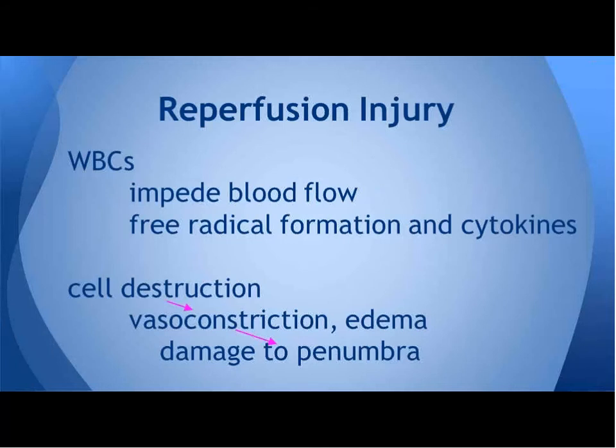We'll have patients who present 8-10 hours out from a stroke, and we may not be able to help those patients because if we do go in and suddenly remove these emboli or strokes, we may actually get a significant reperfusion injury, and in particular to the penumbra, or this ischemic tissue that could potentially be saved, but we have just flooded it with rich blood full of white cells, which impede blood flow.